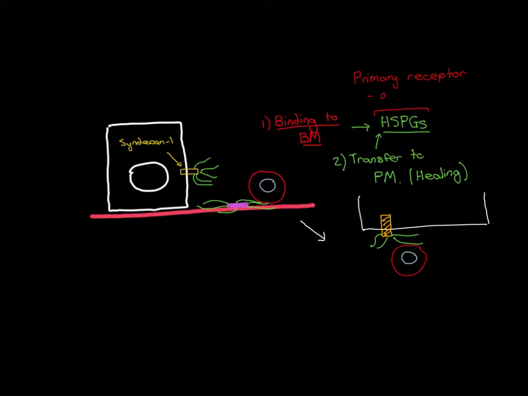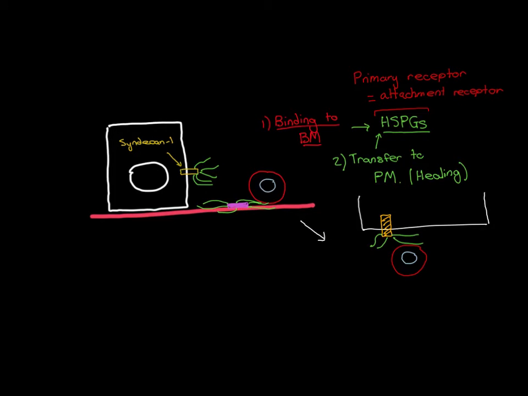So this is the primary receptor, also called the attachment receptor, and this is a nice name for it because this tells you that really all this is for is the attachment of the virus to the surface of the cell. It's not going to be the way that the virus actually enters the cell. It's not the entry receptor. That's going to be the secondary receptor.